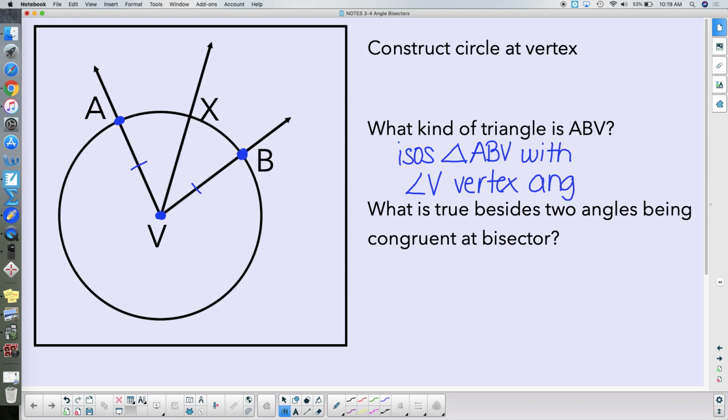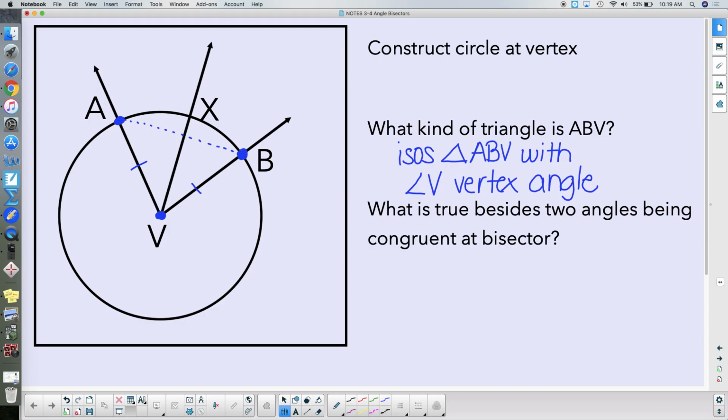So what I know about isosceles triangles is from their vertex angle, they have a line of symmetry. So from this, and we don't have to draw this segment in, we can imagine that side. Triangle ABV's vertex angle being at V means if I could split it right down the middle, I could have my angle bisector in there.